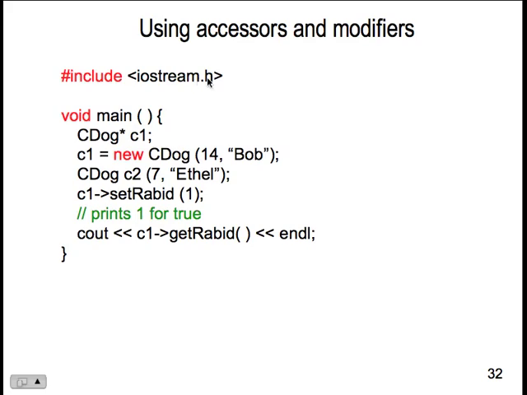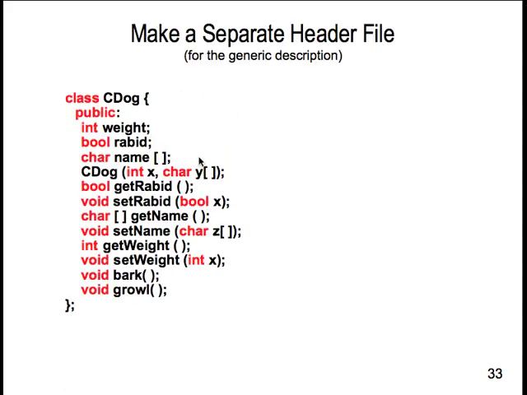It follows the same pattern as this. This is a header file, iostream.h. We include iostream.h, and we call the methods that we're using, like cin, cout, and we don't worry about the implementation. We have the specification for the functions that we're running, and we are just running them.